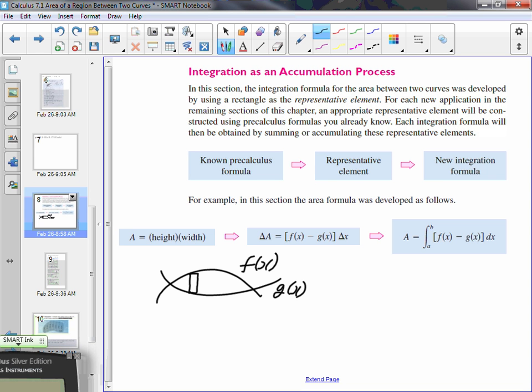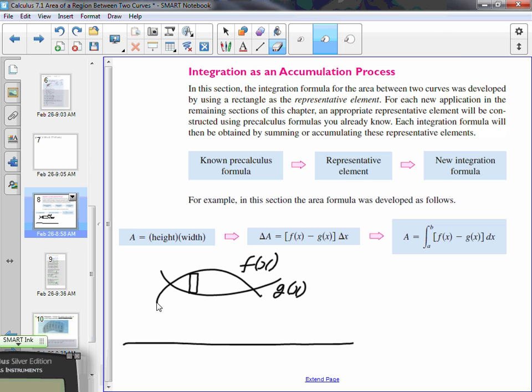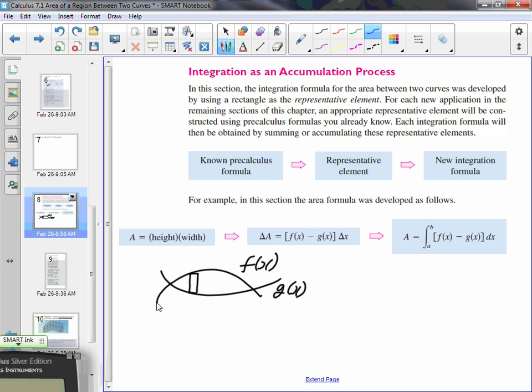Now, before, we'd always go down to the x-axis, and the height of that rectangle would be f of x, right? But now we're not going all the way down to the x-axis. So the height of that rectangle is this y-coordinate minus this y-coordinate. So it's f of x minus g of x.